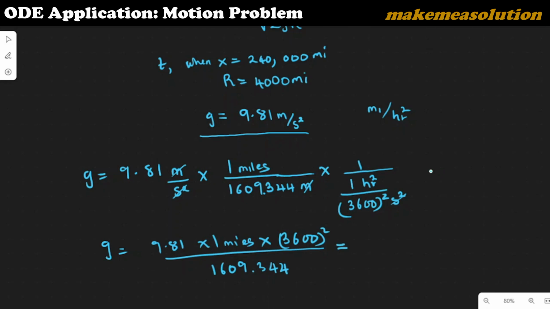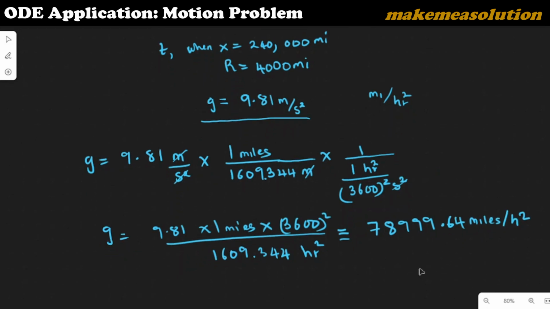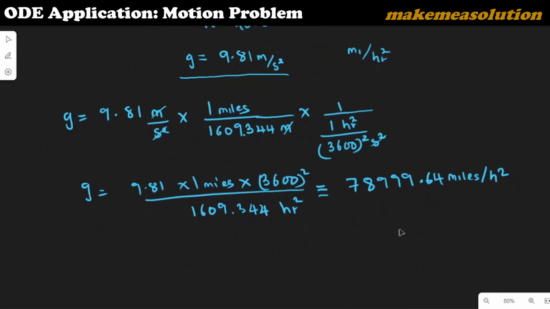If you evaluate this on the calculator, remember there is an hour in the denominator, not just an hour squared. If you evaluate this, you're going to get 78999.64, corresponding to miles per hour squared. This is an approximate value for the gravitational constant in miles per hour squared.